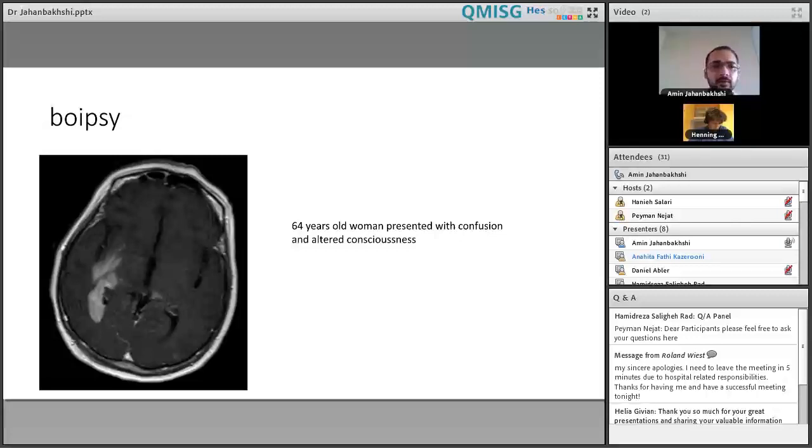I don't know if I had performed another biopsy from the lower region or upper region, I could have found a better diagnostic biopsy from this lesion.